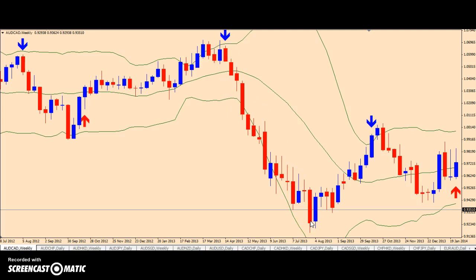So I'm looking at the weekly signals as well as the daily signals, and as soon as I get those signals, I'll let you know, and then together we can wait for that confirmation on the candle, and we'll do this on a daily basis, and that should help in your trading.